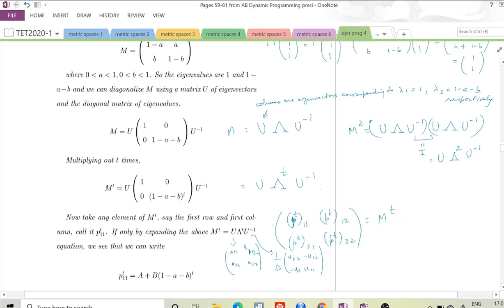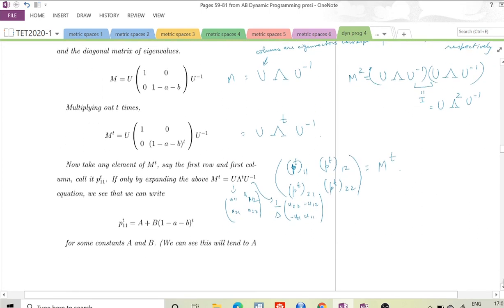You will see that, for instance, take this first element in the M^T matrix. You will see that it's equal to some constant plus another constant times 1 minus a minus b to the tth power, right? Actually, so this is the second eigenvalue, so lambda 2 to the tth power.